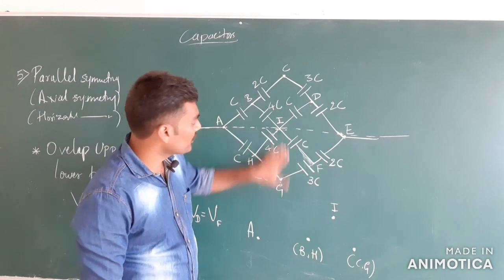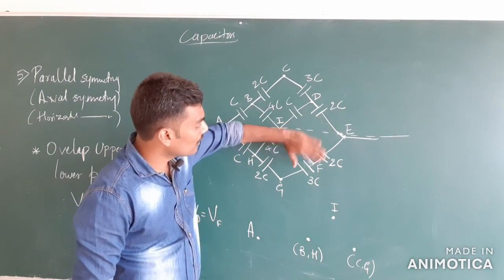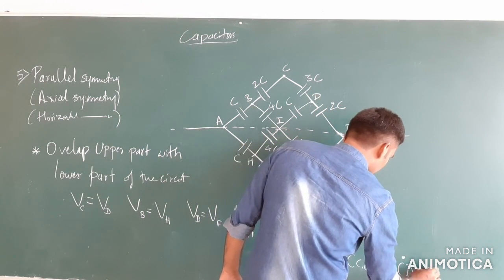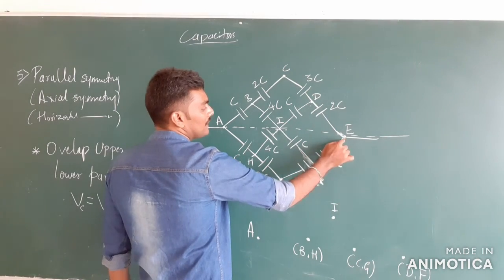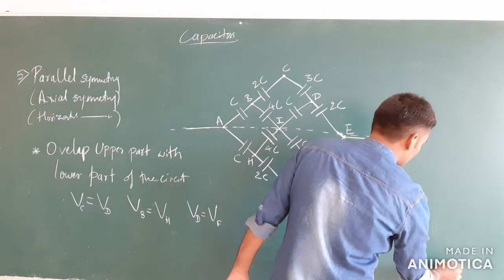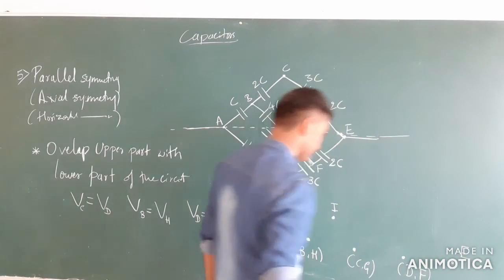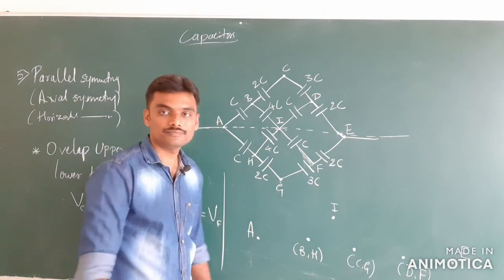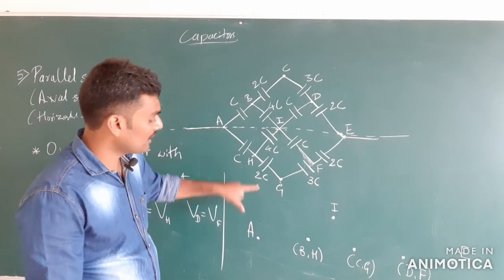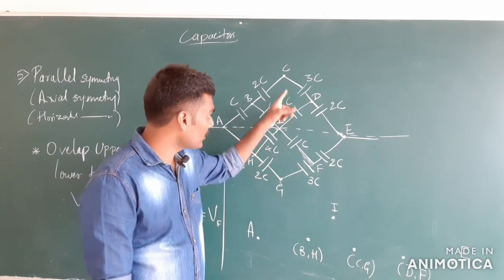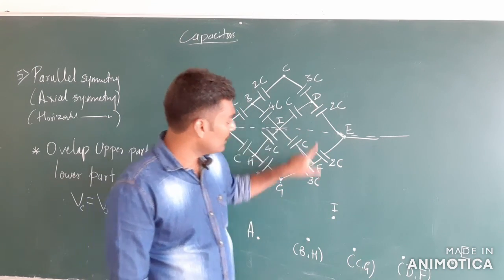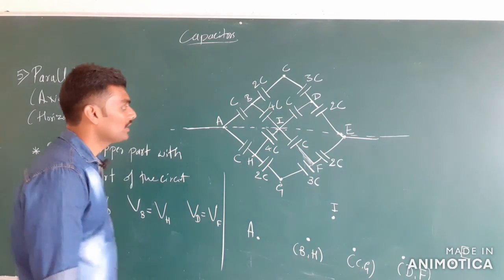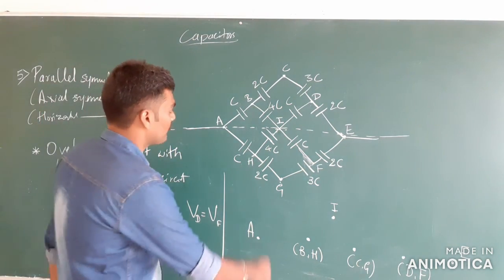And then D and F overlap, so together they make a single point D and F. E is one more point which is again isolated. Okay, clear how I drew the points? Point A first, B and H overlap, C and G overlap, I is isolated, D and F overlap, E is again isolated. Now I shall start drawing the capacitors.